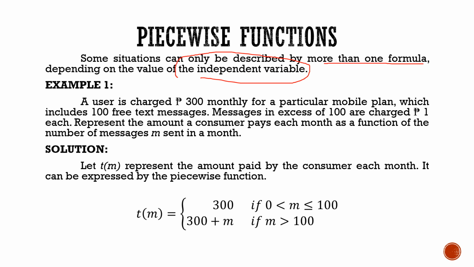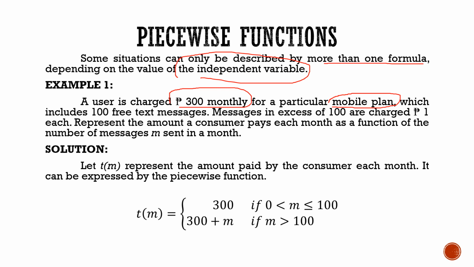So for example number 1, a user is charged 300 pesos monthly. That will be a fixed value for his or her mobile plan. So whether he uses the features of this mobile plan or not, he will pay the telecom company, for example Smart, Globe, Sun Cellular, 300 pesos monthly.